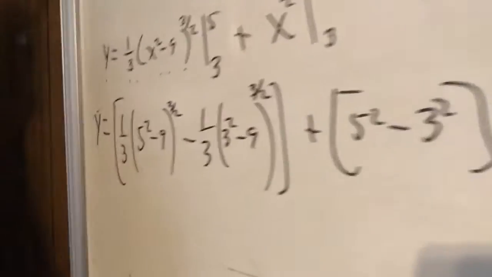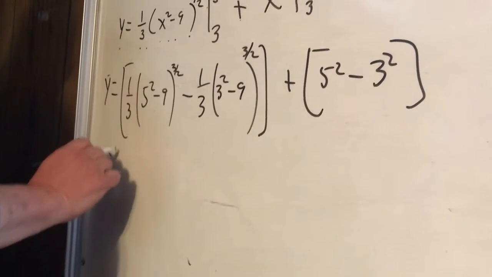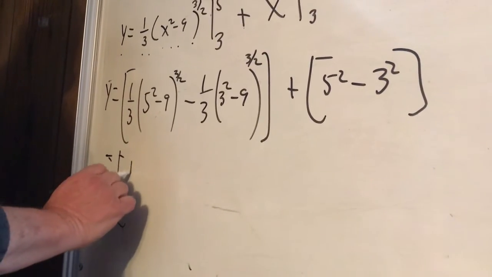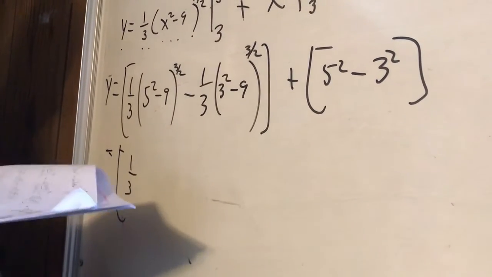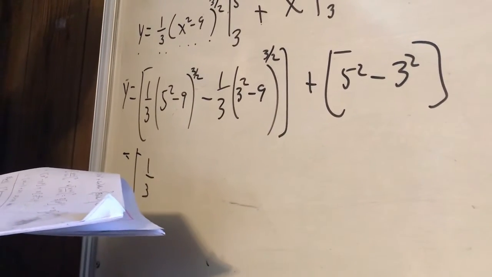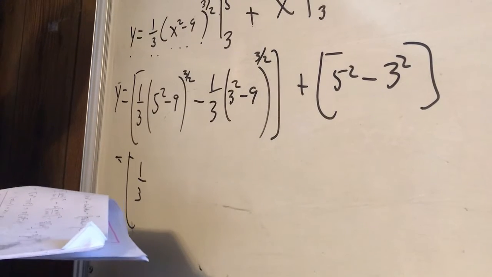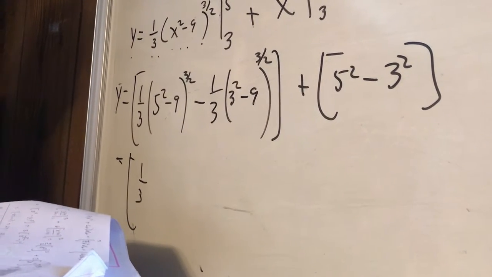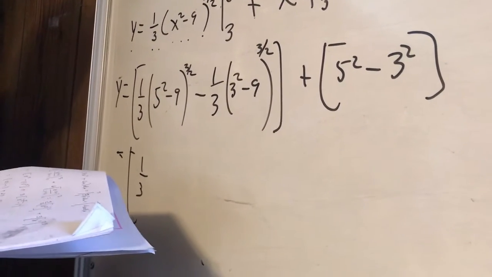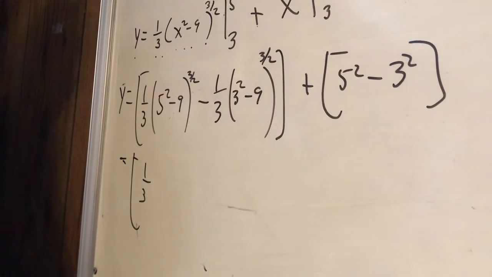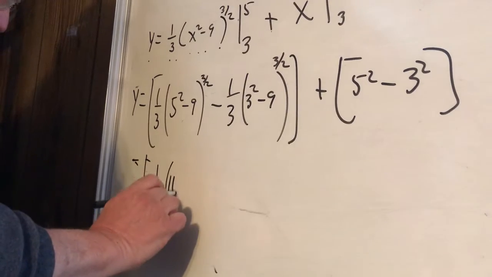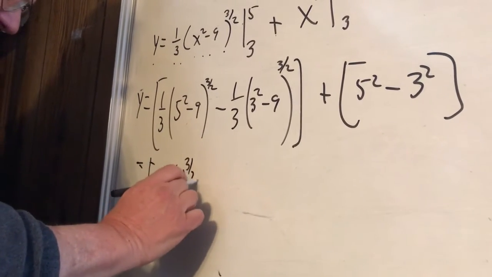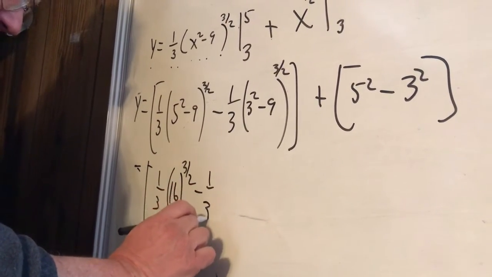So now we have to work on this, and we got 1/3. And of course 25 minus 9. 25 minus 9, I believe, is going to be 16 to the 3/2. Minus 1/3.